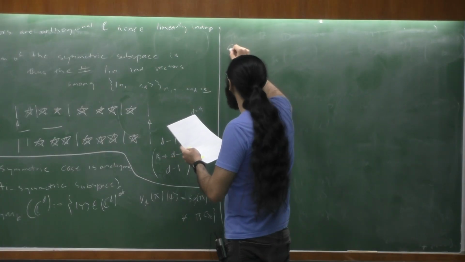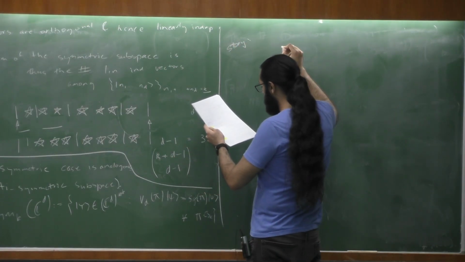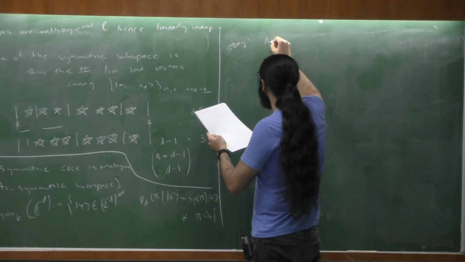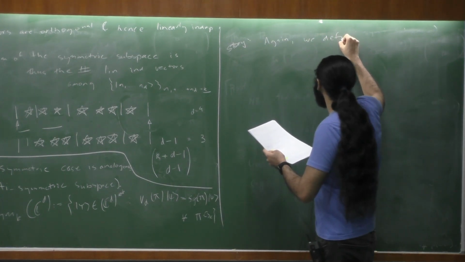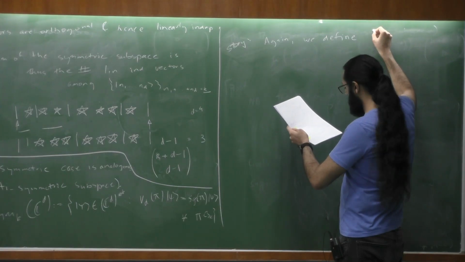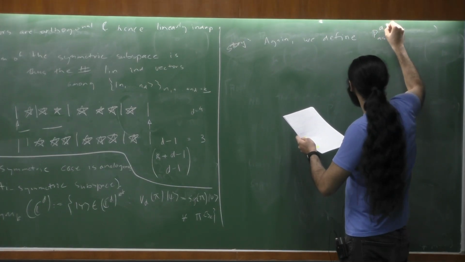Okay, so again, we'll define the corresponding projector, right? So P antisymmetric, this is D comma K. Right?